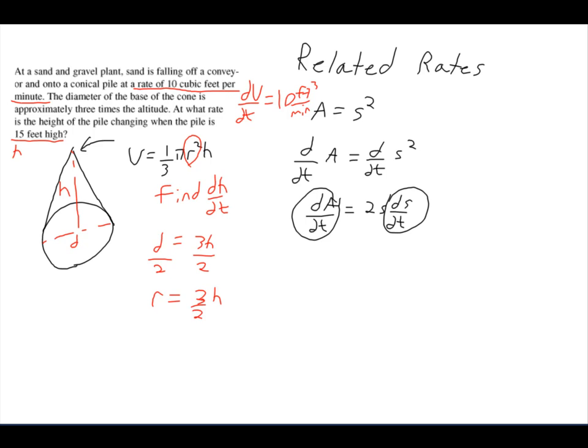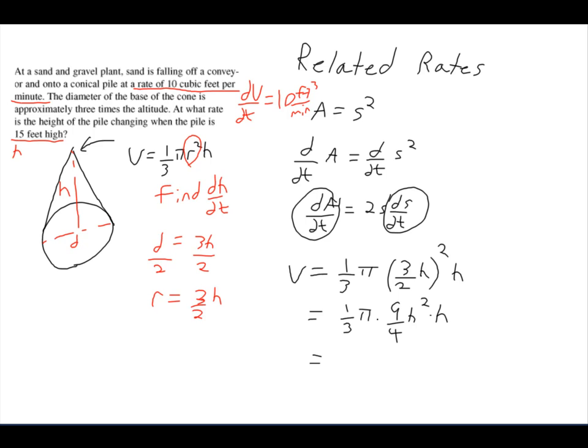So when we do that, we get our equation that volume of the cone is equal to 1/3 pi times r squared. We know r is 3/2 h squared times h. And when we simplify that, it's 1/3 pi times 9/4, which is just squaring 3/2, times h squared times h.